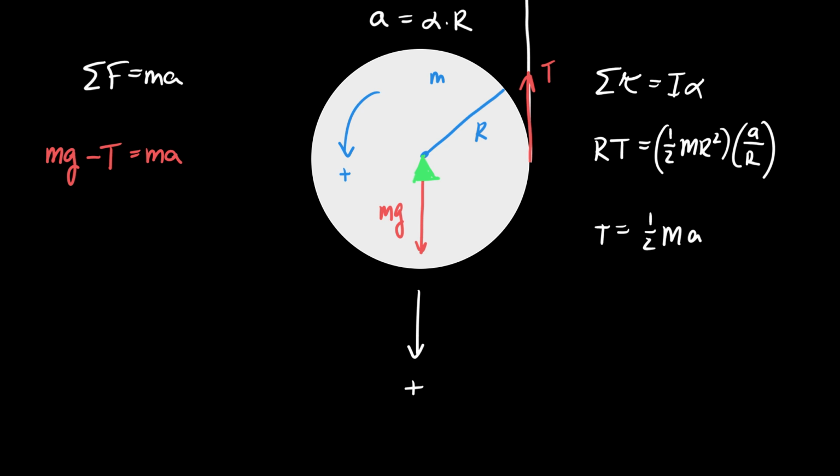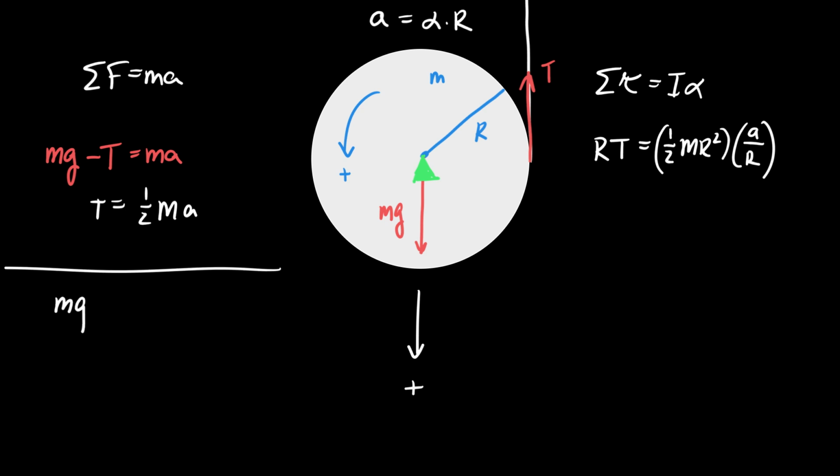We're kind of done, right? 2 equations, 1 internal force. This seems pretty straightforward to me. So how about, and we've done one like this before, can we just add it up? So T's cancel. I get mg equals 3/2 ma. I just went ahead and added them together. Now, I can cancel the m's.